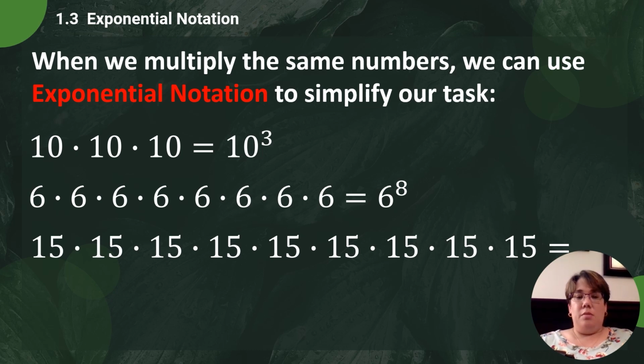Similarly, if you multiply 15 times itself, I believe that's 9 times, then that can be reduced to 15 to the 9th power. So exponential notation helps us, rather than having to write all of these things out so many different times, it shortens it down and makes it a lot easier to write.